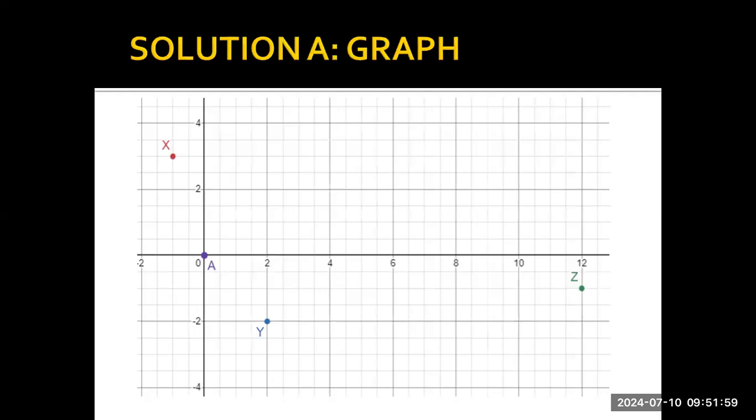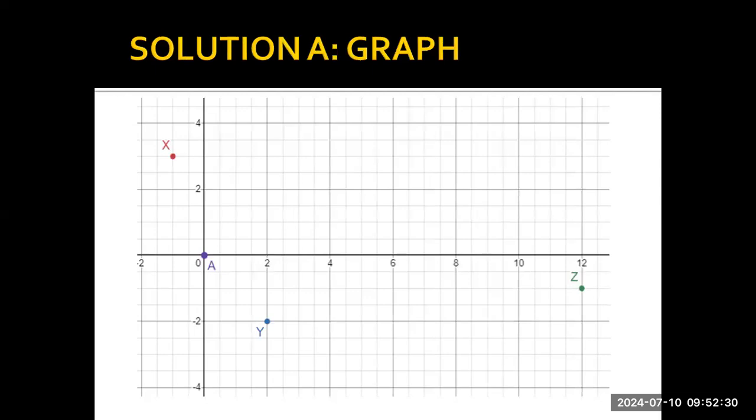Now let's have the solution. A, the graph. So as you can see in the Cartesian plane, a point X represents the star X. Star X is located at the point (-1, +3). Star Y is located at (+2, -2).